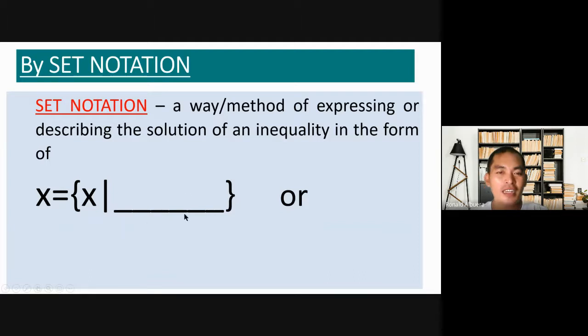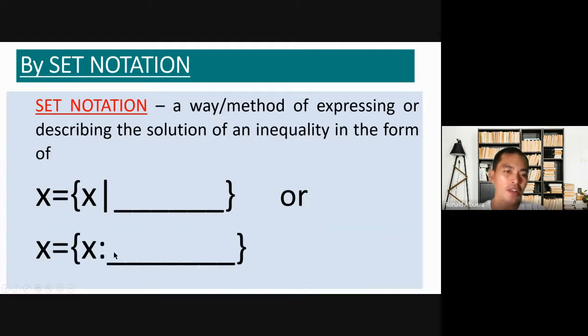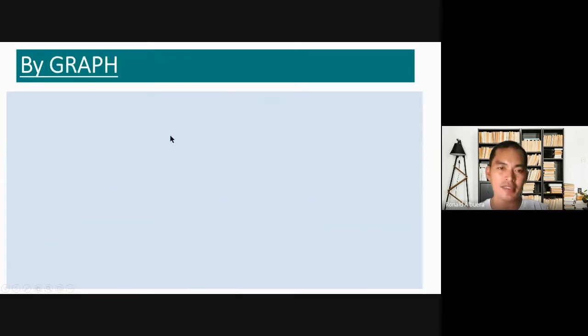You can do that in two ways, in symbol or in statement. It's up to you. The set of all X such that, then the characteristic or the way you describe the set. Halimbawa, X is greater than 5. Okay, that's what we call set notation or set builder notation.